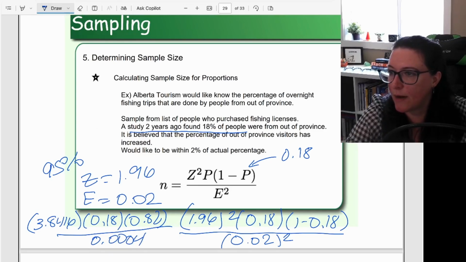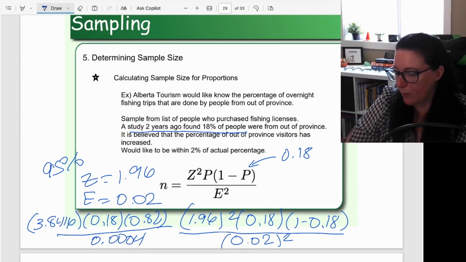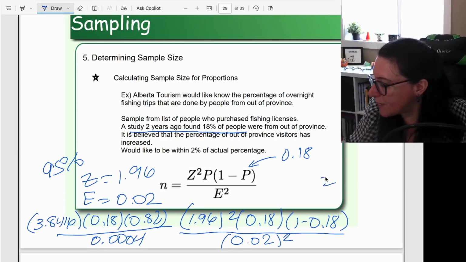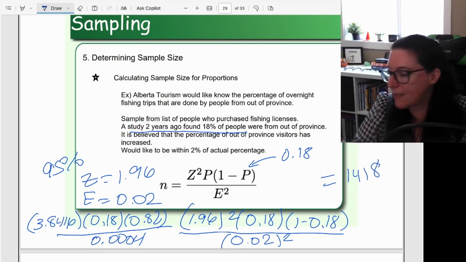Okay. All right, so what do we get? 3.8416 times 0.18 times 0.82 gives us 0.567. Divide that by our 0.0004, and we're getting our sample size here, 1418.